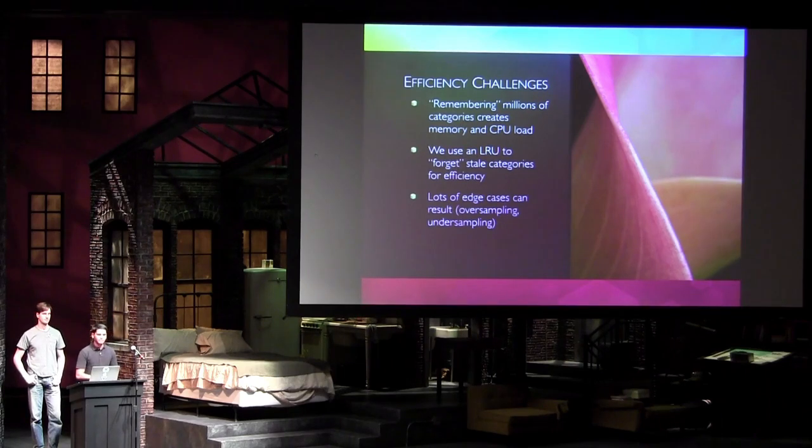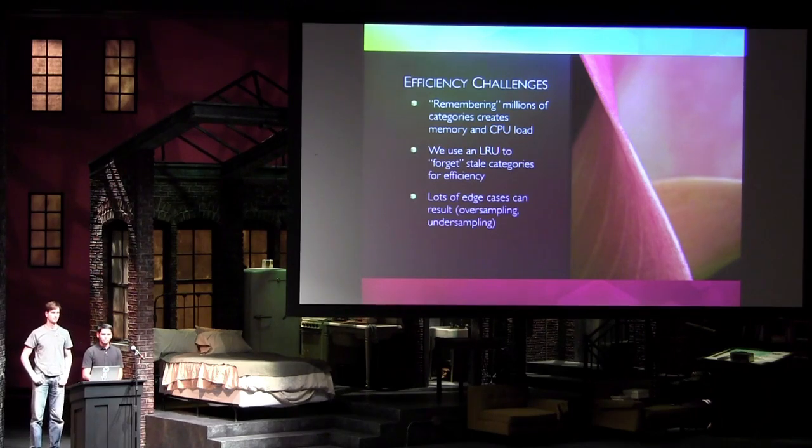So in the beginning, what we did was we had an LRU. And what the LRU does is it keeps a maximum number of events or categories and keeps track of the last seen time for each category.